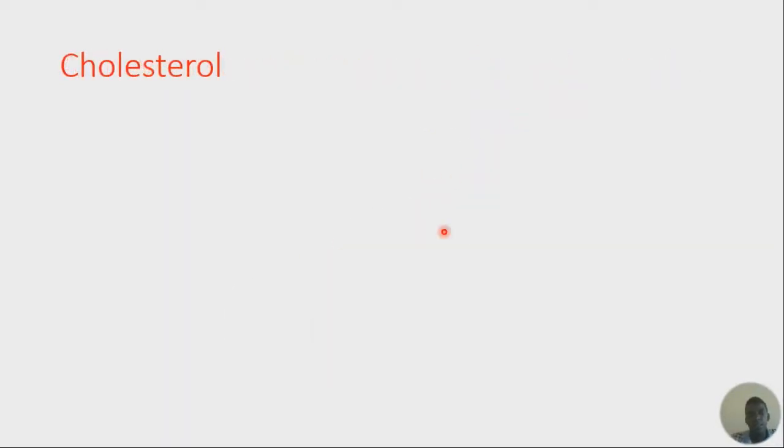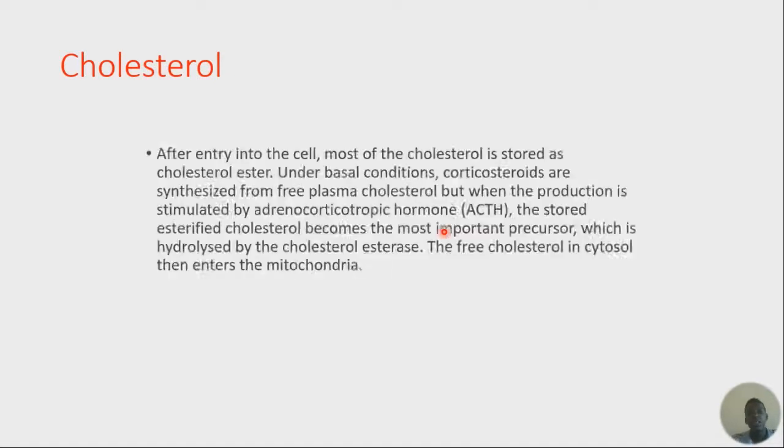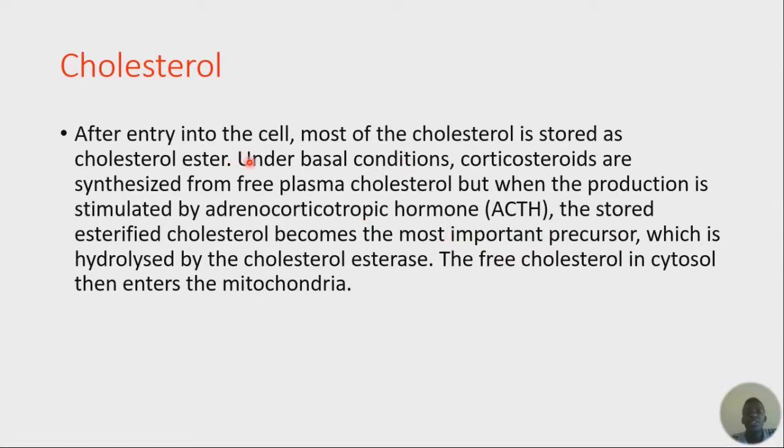Okay, let's continue with cholesterol. After entering the cell, most of the cholesterol is stored as cholesterol ester. Under basal conditions, corticosteroids are synthesized from free plasma cholesterol. But when production is stimulated by ACTH, the stored esterified cholesterol becomes the most important precursor, which is hydrolyzed by cholesterol esterase.